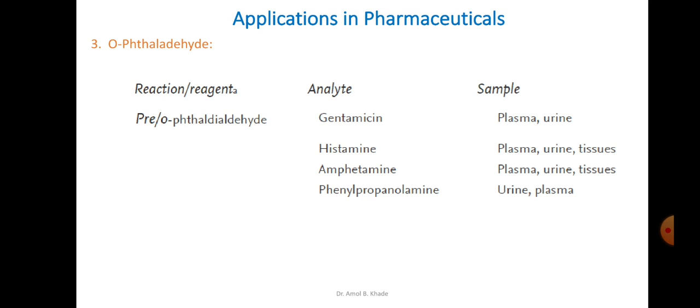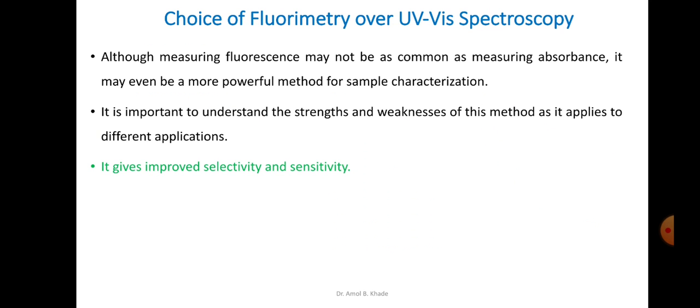So this is again a pre-reaction. So before loading into a column, if you are applying it to biological samples in the form of plasma, urine and so on, you can have this derivatization and then you can subject it to the column. So the drugs which have primary amino functionalities like gentamicin, histamine, amphetamine and so on, that can be analyzed and quantified by this particular technique.